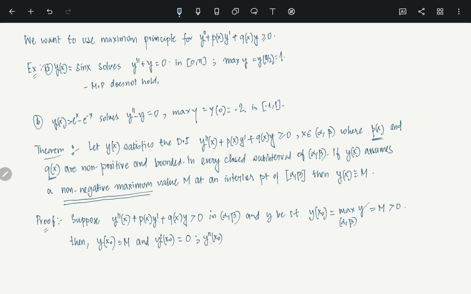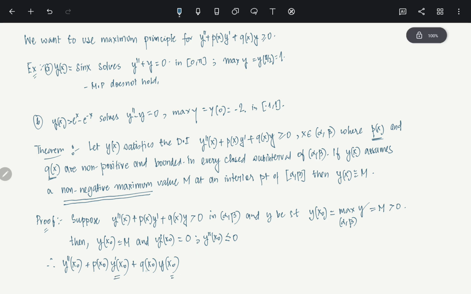By the second derivative test at a maximum, it has to be less than or equal to 0. So y double prime at x naught plus p of x naught times y prime at x naught plus q of x naught times y at x naught: the middle term is not there because y prime at x naught is 0.